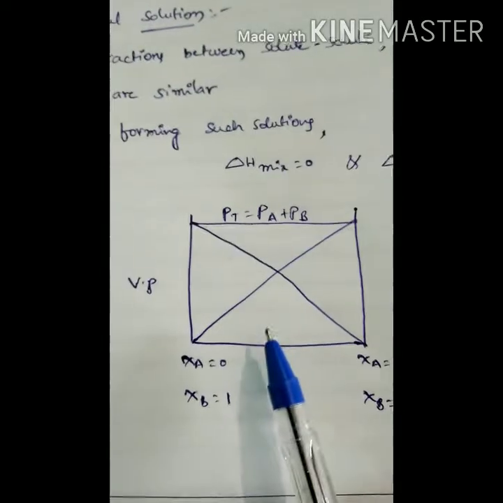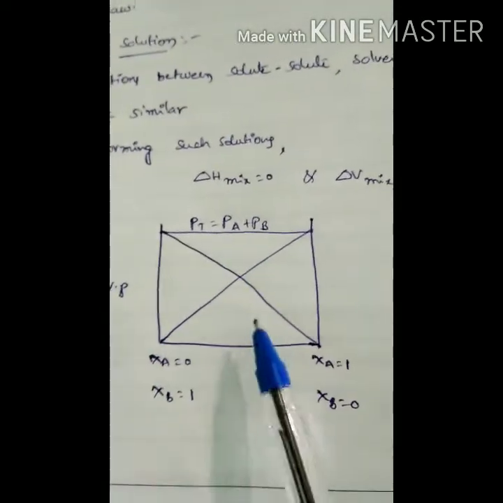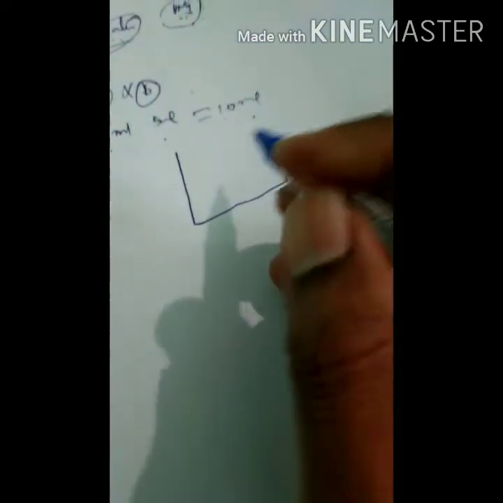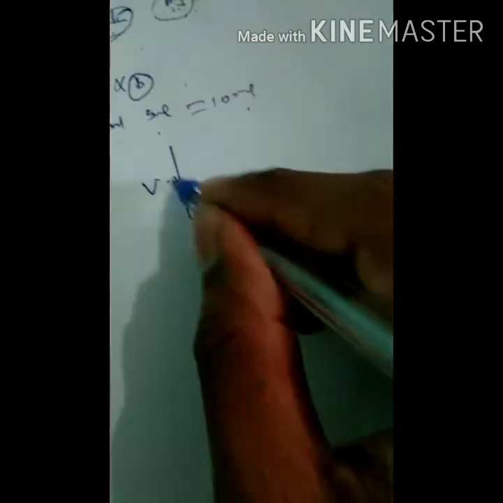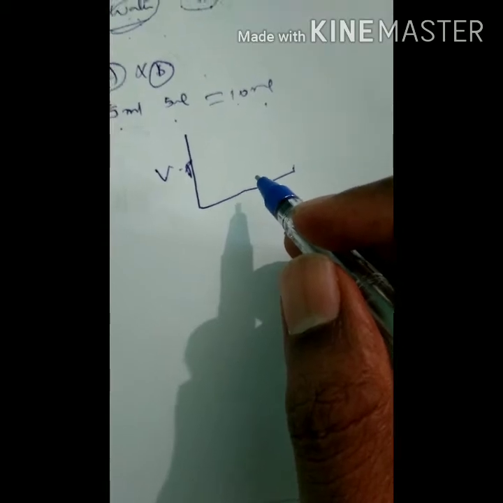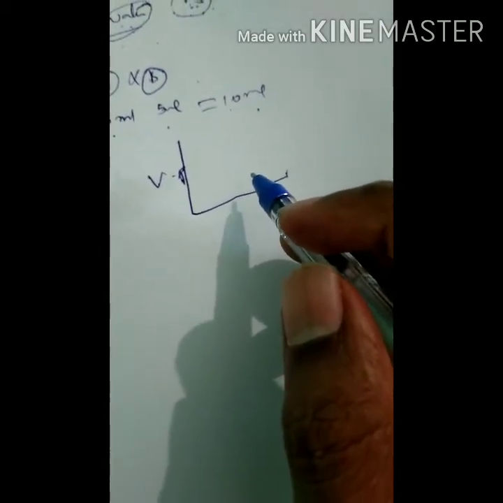Here the graph is there. This is the graph regarding ideal solution. Before going to explain this graph, I will explain one point. According to Raoult's law, between vapor pressure and mole fraction, direct proportionality is there. That means as mole fraction increases, vapor pressure also increases.